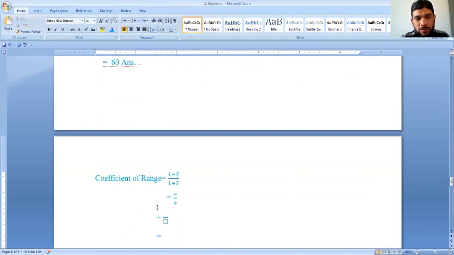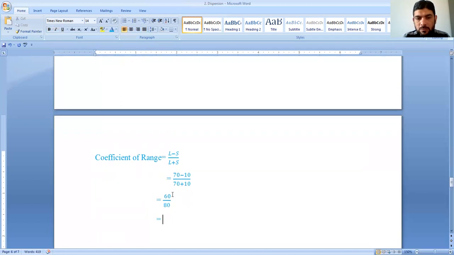Now we have to find the coefficient of range, that is 70 minus 10 upon 70 plus 10. 70 minus 10 is 60, upon 70 plus 10, that is 80. 60 upon 80 means 0.75. 0.75 is the answer.